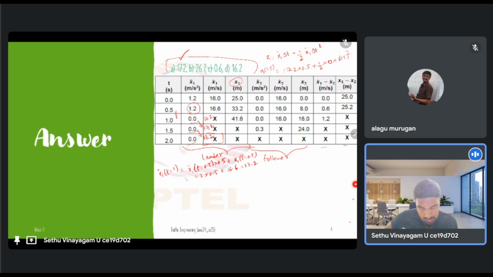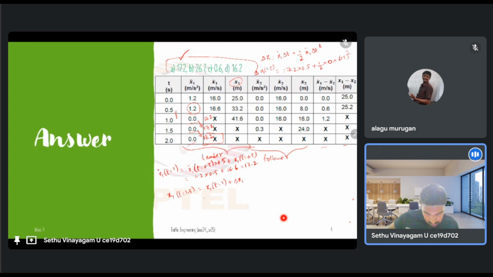This has to be added to 41.6. This is, say, delta x1. So x1 at time 1.5 will be x1 at time equal to 1 second plus the delta x1.